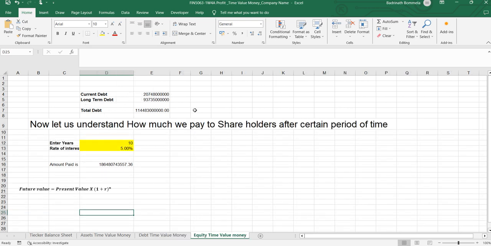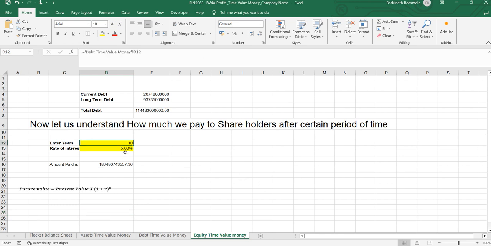Next, equity. Equity is also the same. The public will invest in your company by purchasing your shares. After a certain period of time, what is the amount you will be paying to the shareholders, based on the interest rate, that you can calculate using the future value formula.